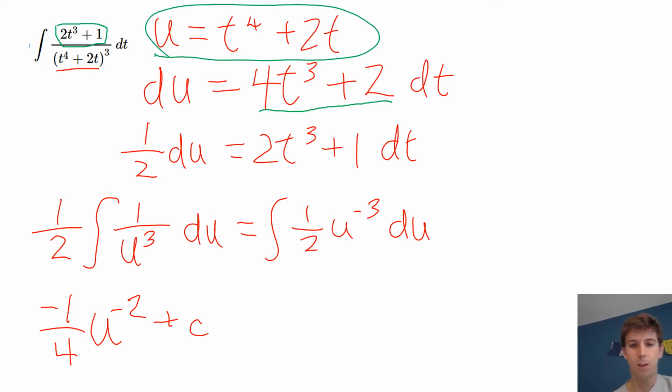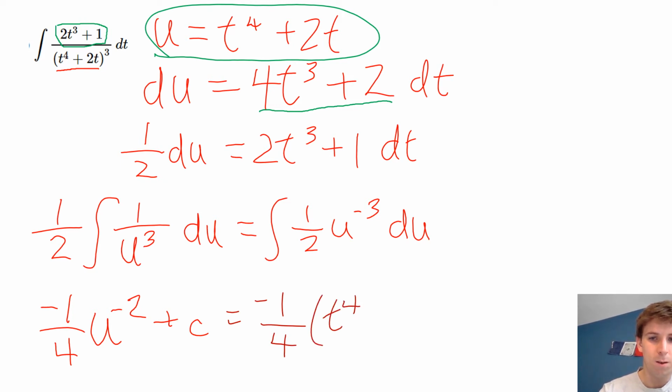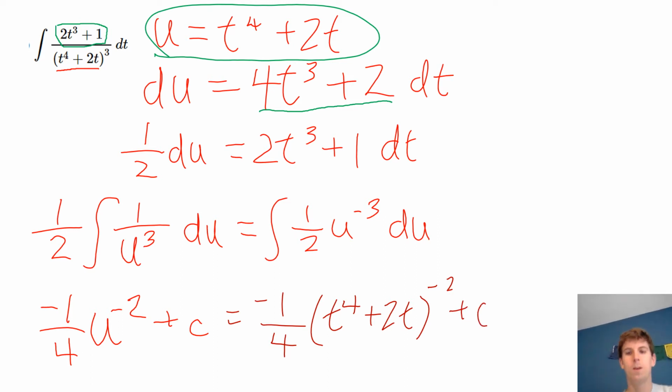All right. And once we have that, all we do is plug back in for u. So we will have -1/4 times t to the fourth plus 2t, all that to the -2nd power, plus c. And there we go.